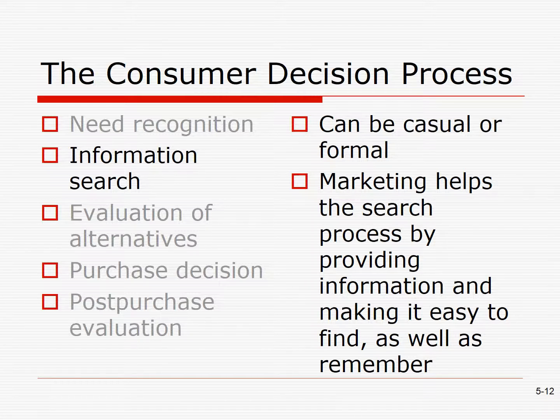Now the interesting thing here is obviously depending on the nature of the problem and the importance of the problem and the difficulty of solving the problem, that'll have an impact on the type of information that the consumer searches for. So very simple problems, I'll rely more on casual or internal search. Very complex or new types of problems, I'll rely more on formal or external information.